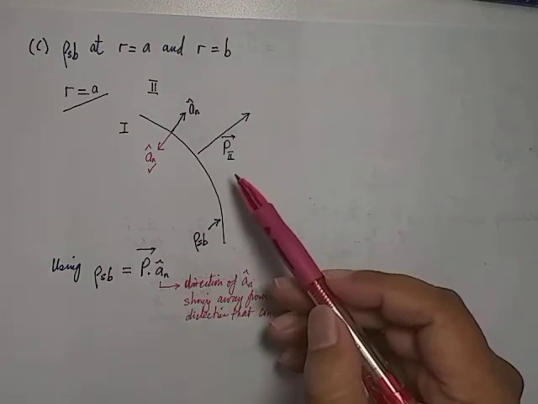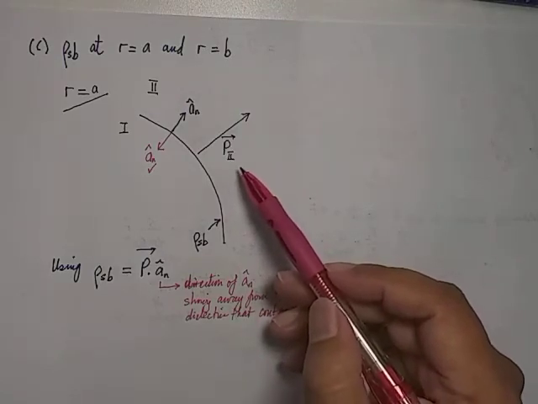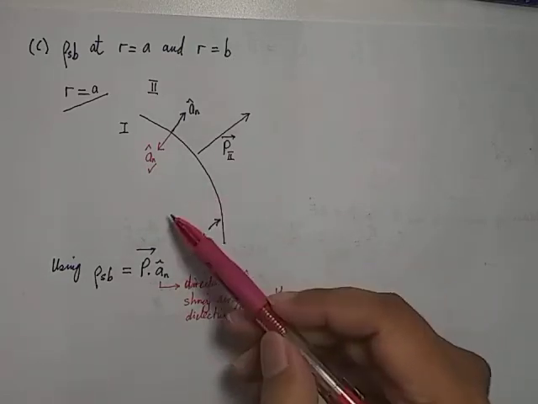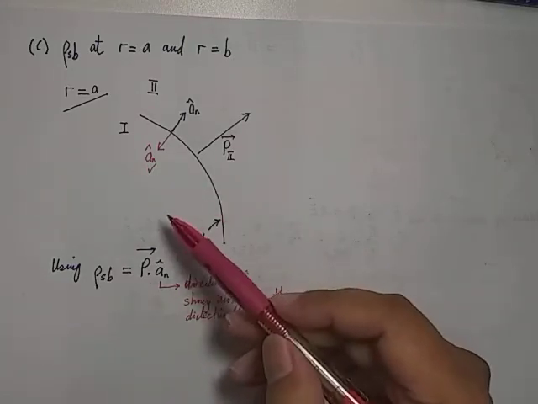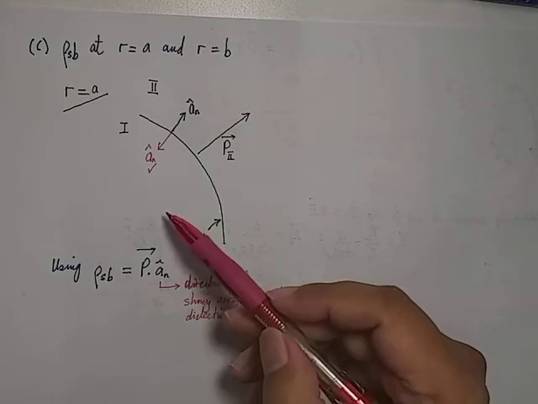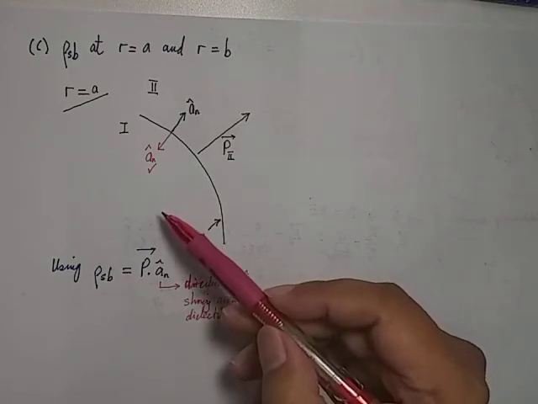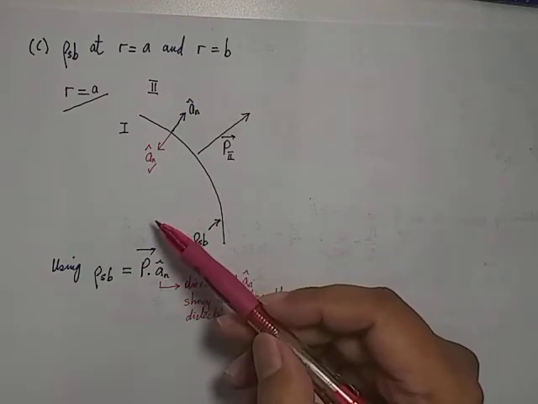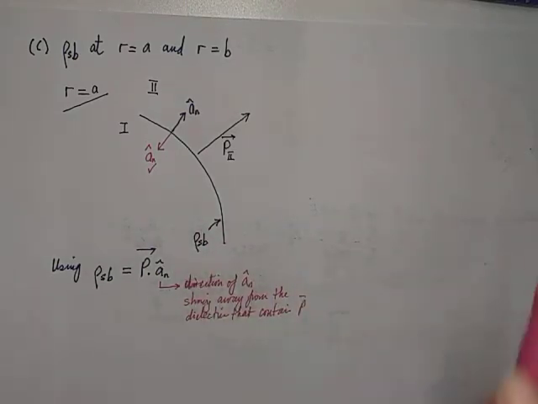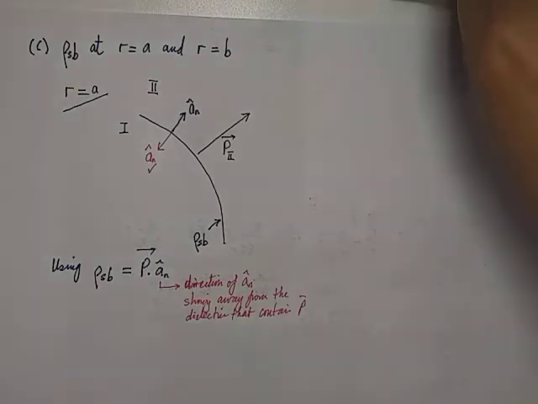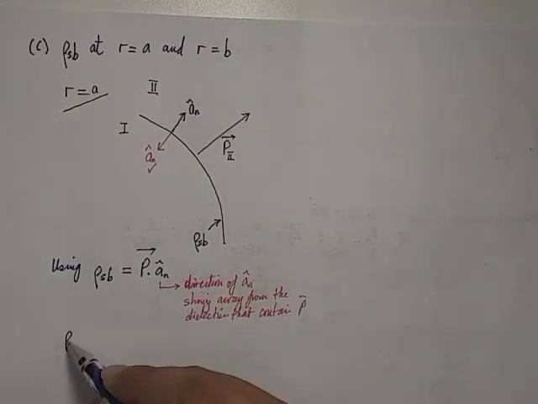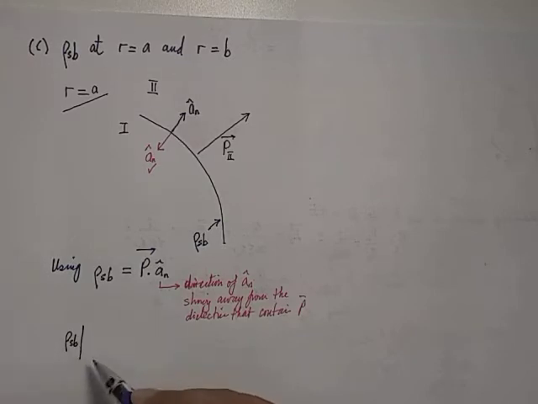That is very important, because when you deal with a condition where there are two dielectrics, both dielectrics are going to produce their own polarization vector. So the way you choose the unit vector is by choosing a direction away from the dielectric of the P that you are calculating. So let's substitute now. What should be rho SB? I'm going to put R equal to A now.